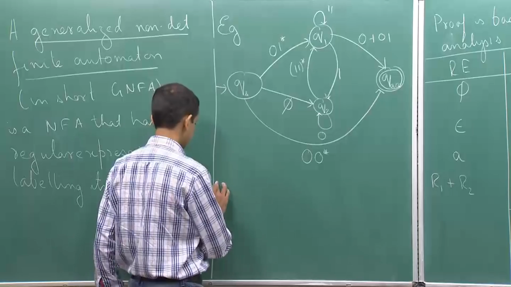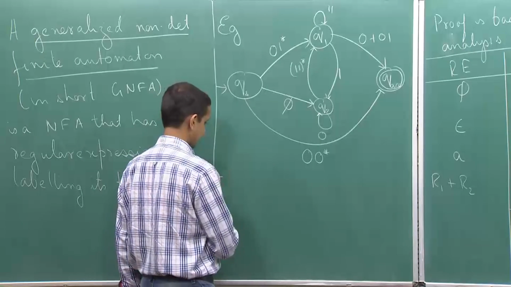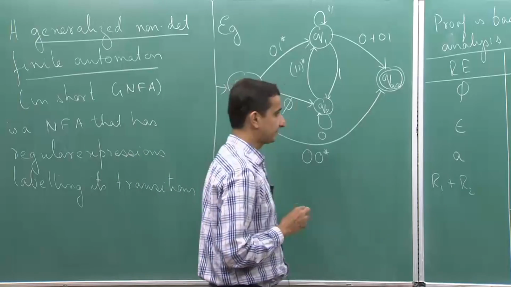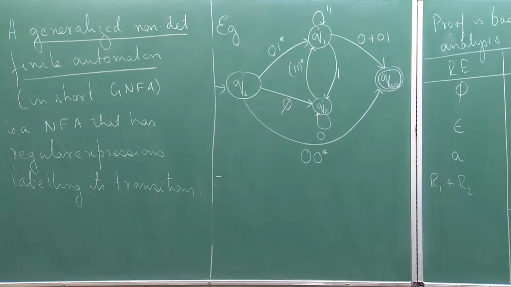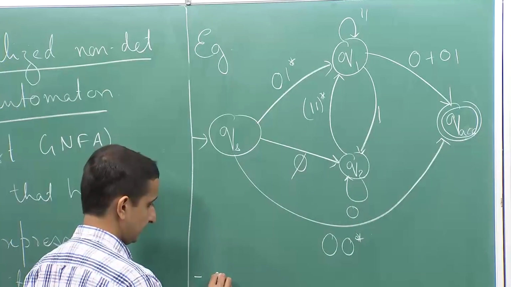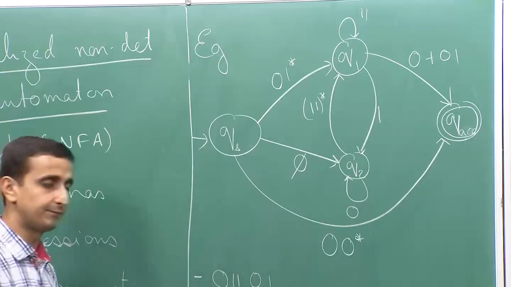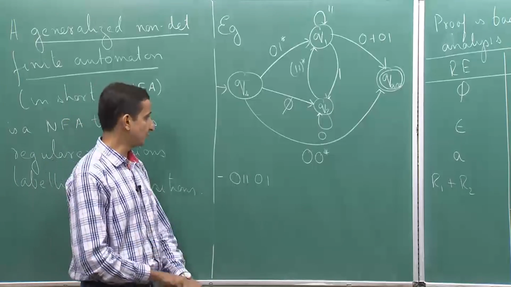So, let us look at a few strings which are maybe accepted and some strings which are not accepted. If we look at the string 0 1 1 0 1, is this accepted or not? Okay. So, how can we get this string?